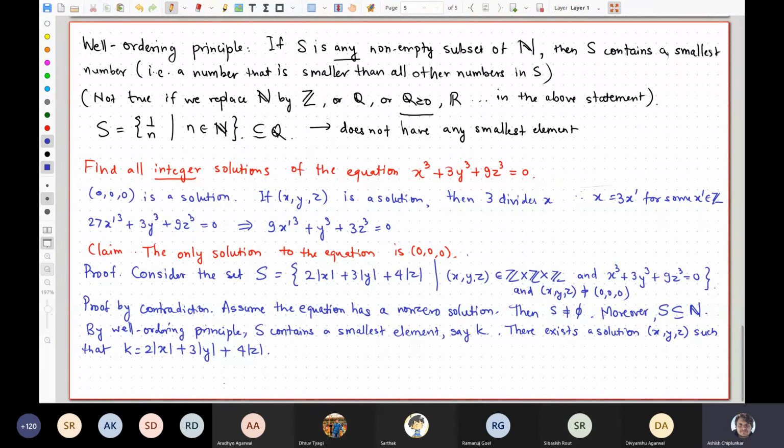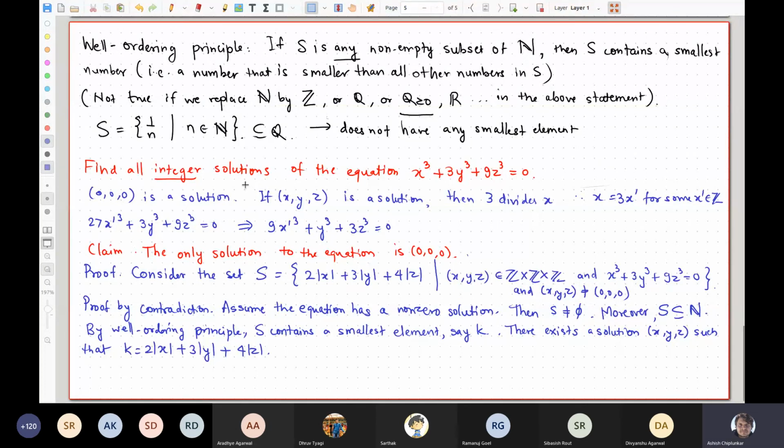Okay. So now good. So now let's leave this for a while, and now let us apply this argument. If x, y, z is the solution, then 3 divides x. x is equal to 3x prime for some x prime in Z, and all these things happen, right? Right. So let us just copy this argument.